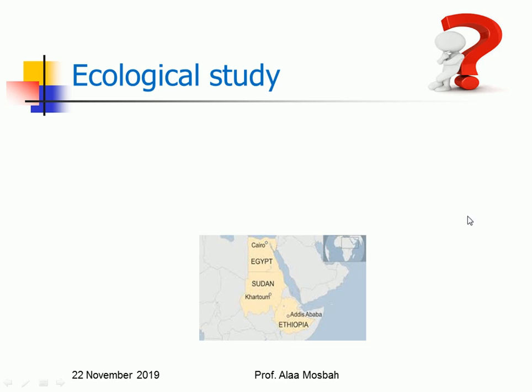But if I'm doing a study comparing populations or large groups of people, like if I wanted to compare between Egypt and Sudan in incidence of virus C, for example, or presence of certain cancer, or pollution in River Nile, this is called ecological study.